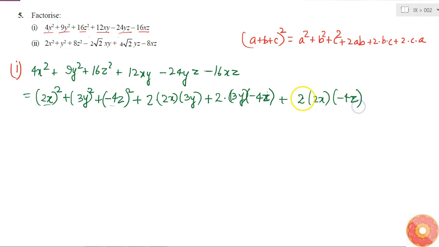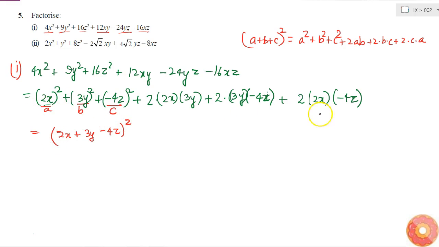So as you can see, by writing this as minus 4z instead of 4z, I can bring this to this format. Here, 2x is my a, 3y is my b, and minus 4z is my c, so this expression is exactly the right hand side of this identity. So if I use this identity, I can write it as (2x plus 3y minus 4z) whole square, correct?